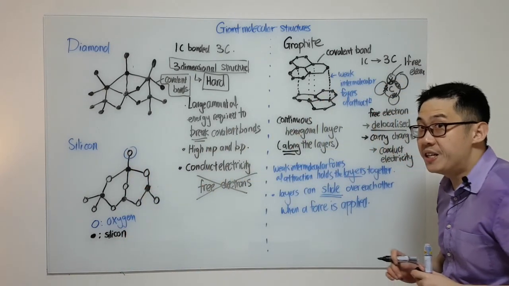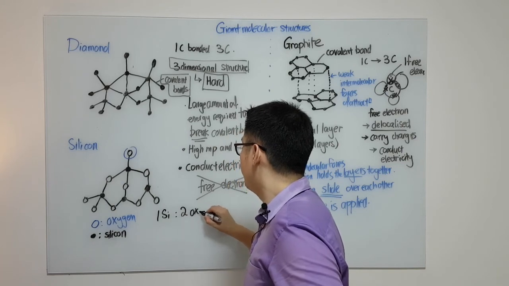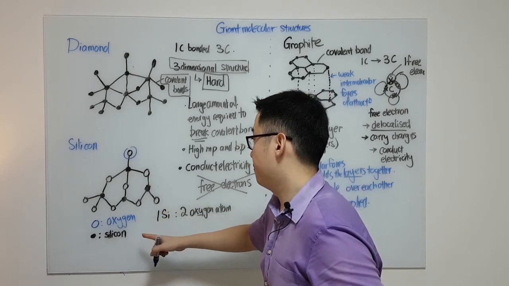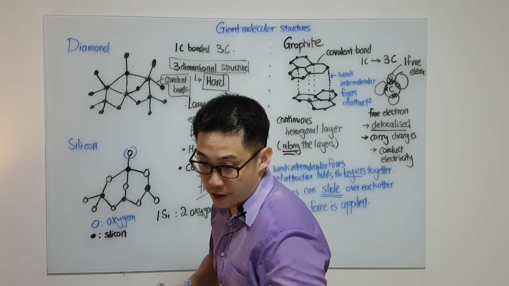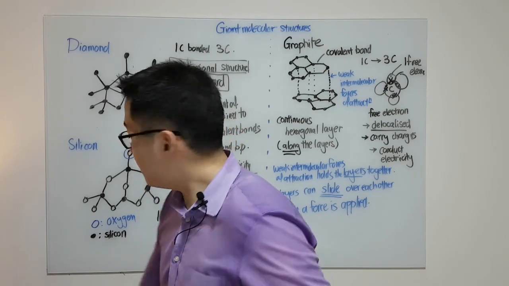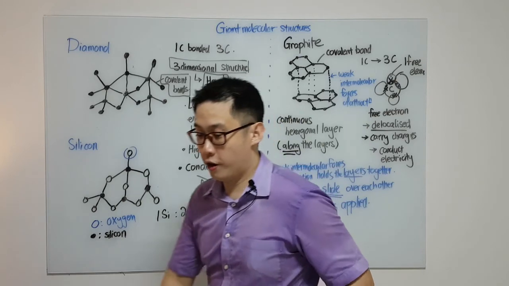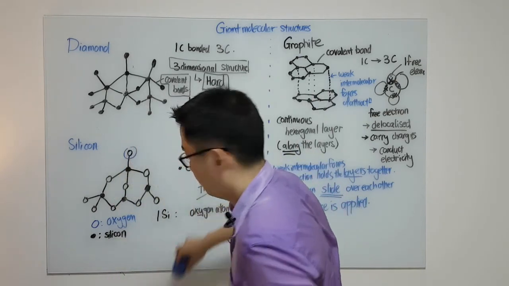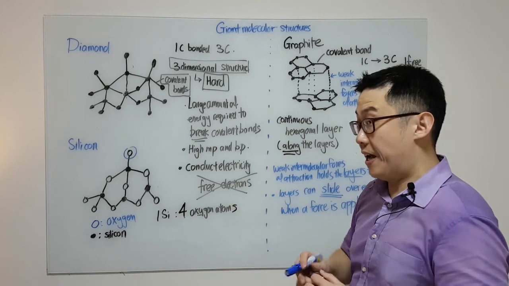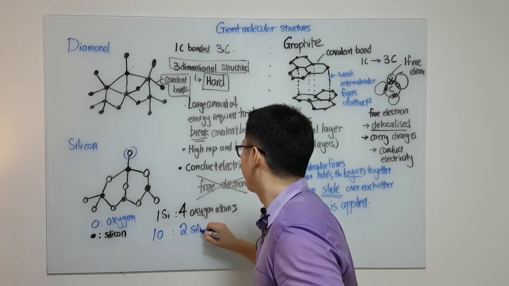So what happens in this case here is that every silicon is bonded to 4 oxygen atoms, and every oxygen atom is actually bonded to 2 silicon atoms.